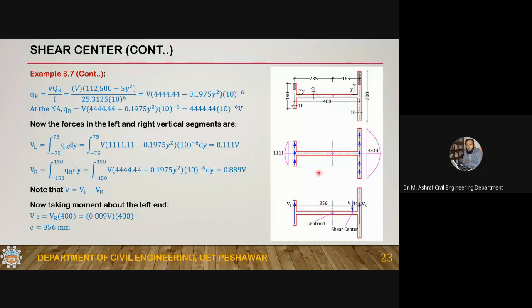If you integrate this shear flow, you will get a force VL, and if you integrate the other one, you will get a force VR. VL is the vertical force in the left vertical segment, and VR is the vertical force in the right vertical segment.